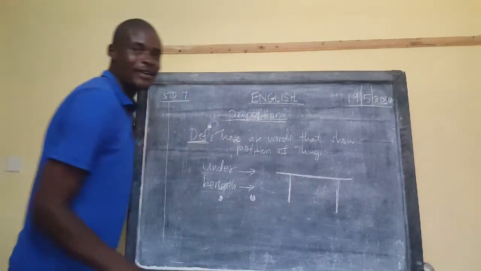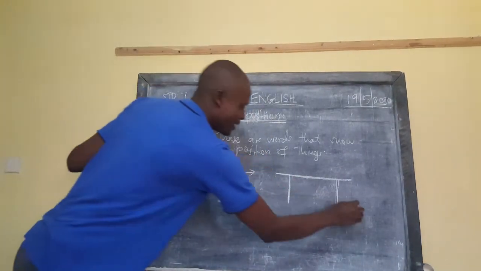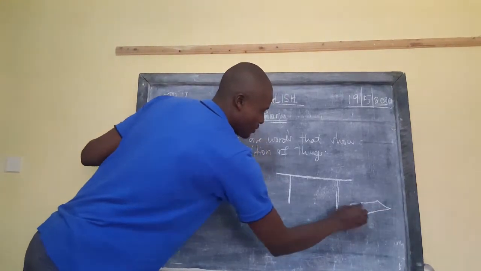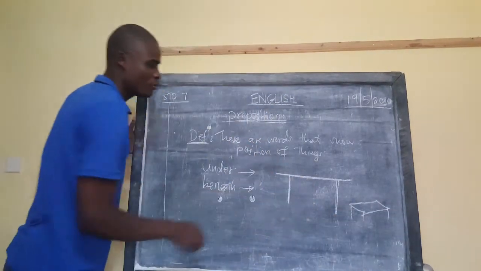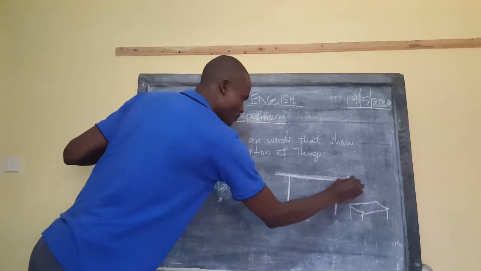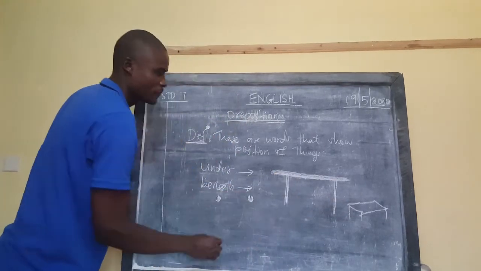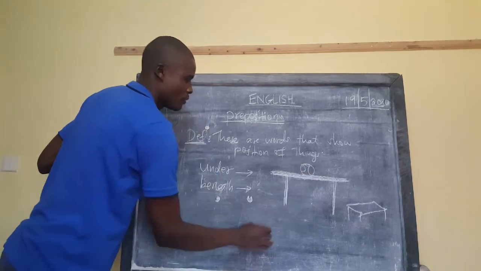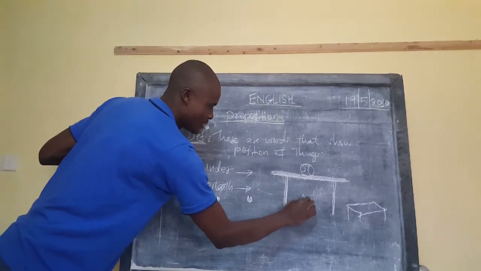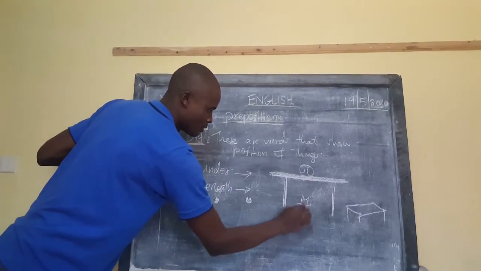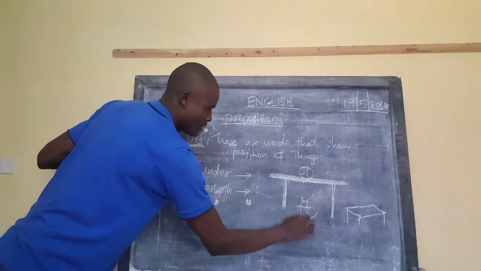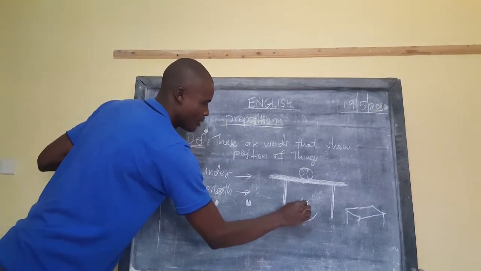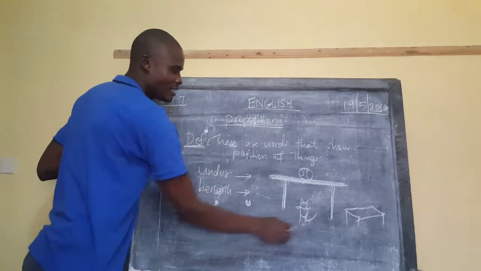This is a table of my learner. It doesn't look like the normal table you know, because of what I want to show here. This ball is on the table, and this cat I've drawn here is under this table.